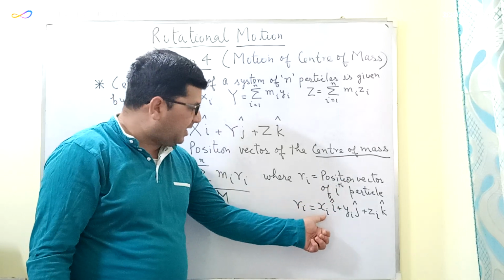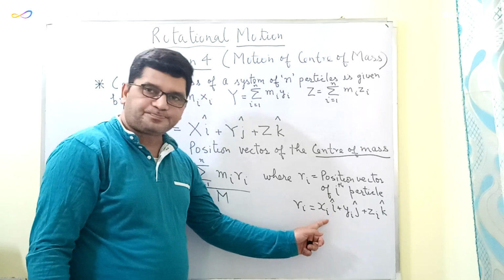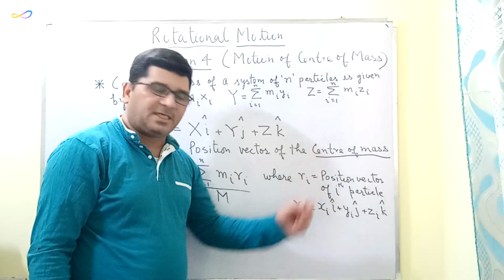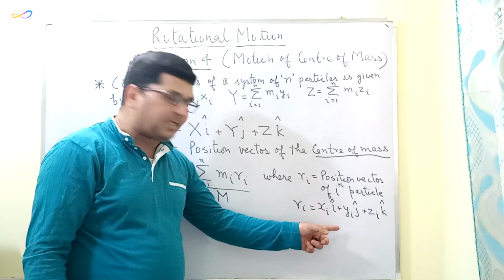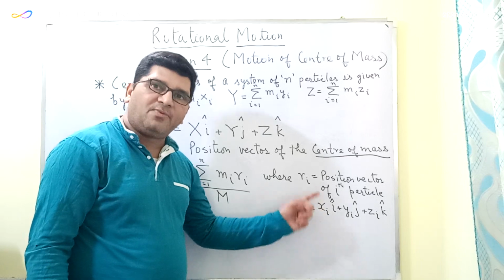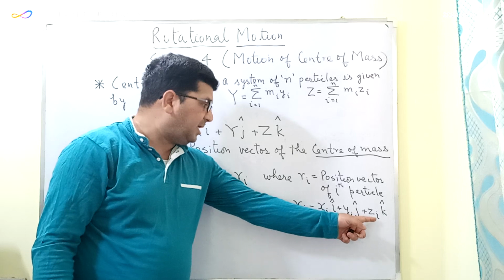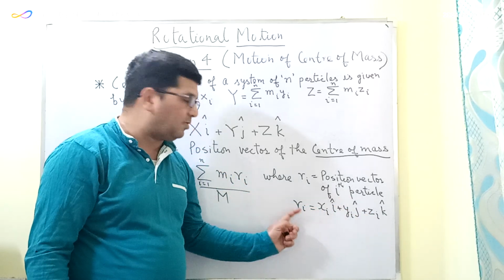Here xi is the distance of the ith particle along the x-axis from the origin, yi is the distance along the y-axis from the origin, and zi is the distance of the ith particle along the z-axis from the origin.